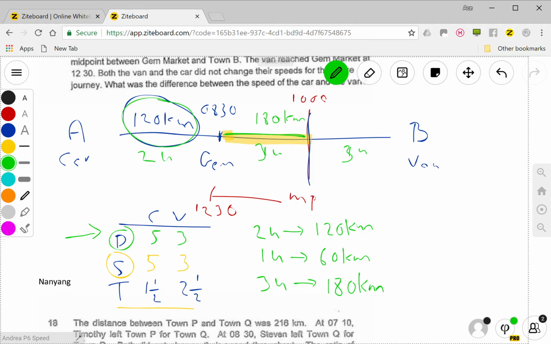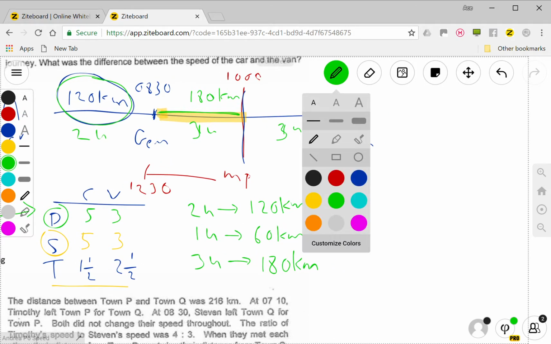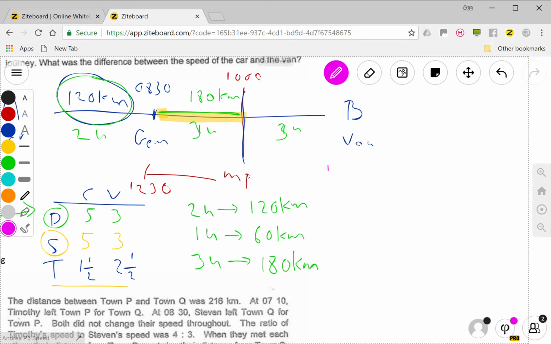Okay, and how long did the car take to travel 180? It's not covered. You see the car is at the top, right? 1.5 hours. Yeah, 1.5 hours. So I have to take distance 180 divided by 1.5.